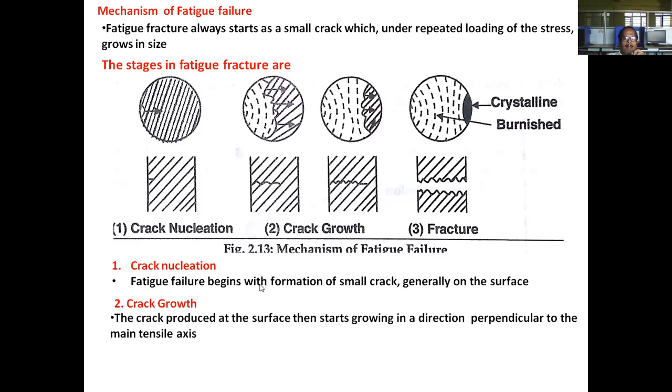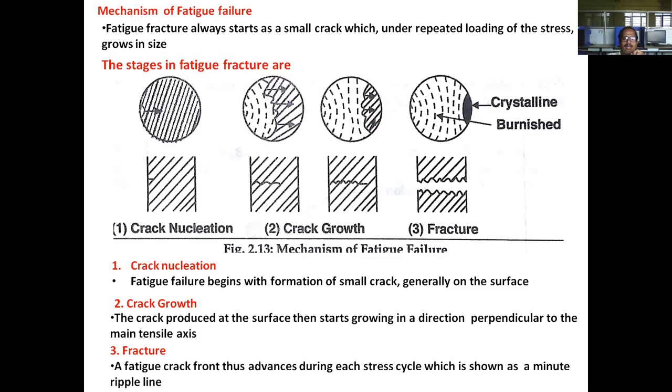Then the third step is fracture. These are the two steps of how the crack propagates, shown in the crack growth step. The fatigue crack front advances during each stress cycle, shown as minor ripples. These ripple lines show the progress of growth of a crack. These are the three steps.